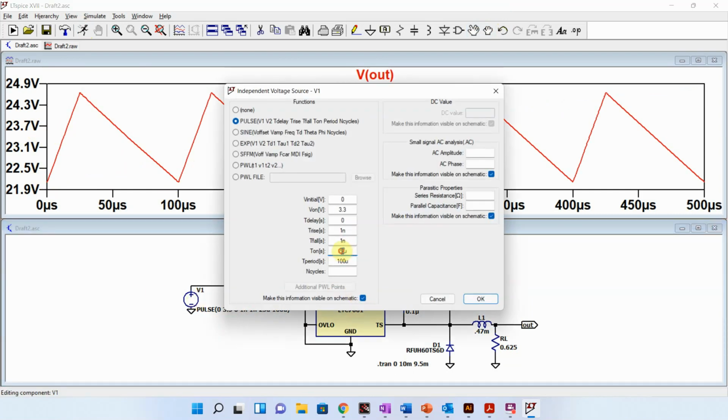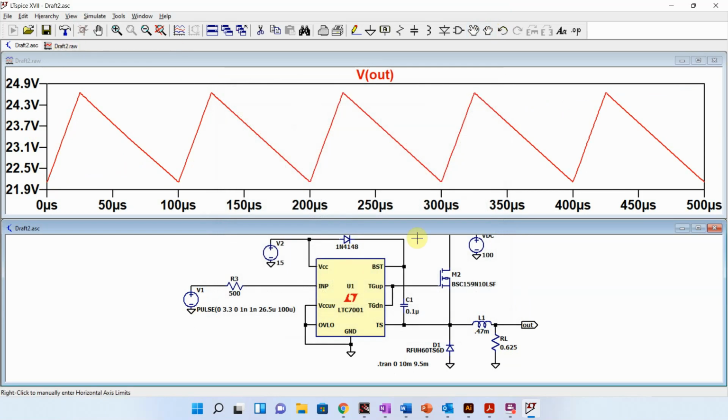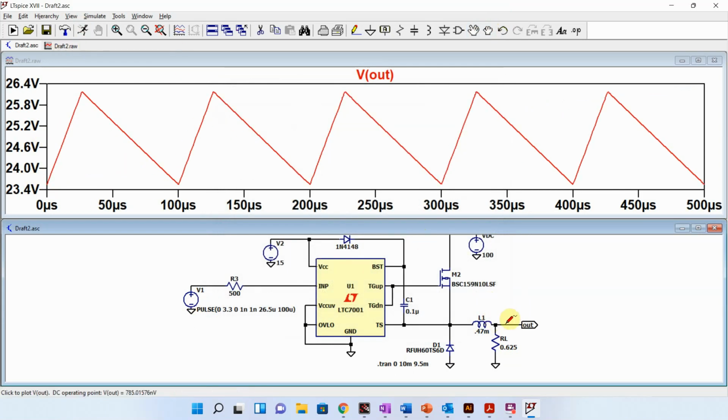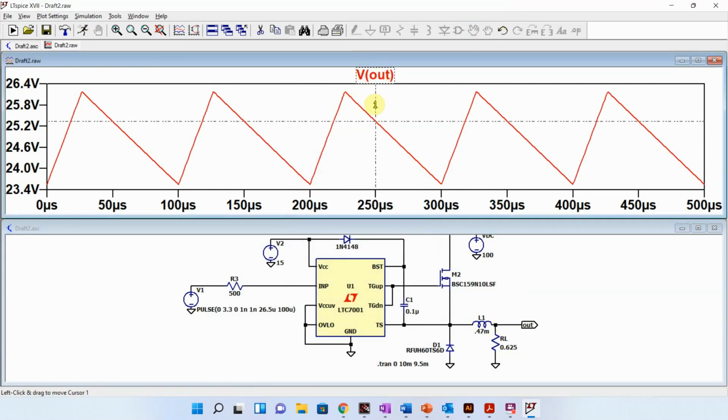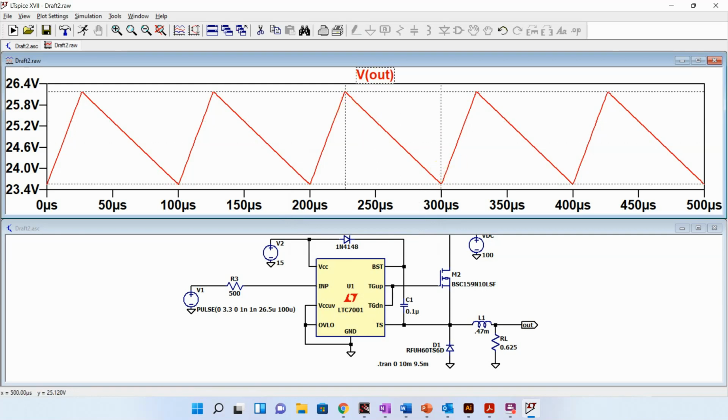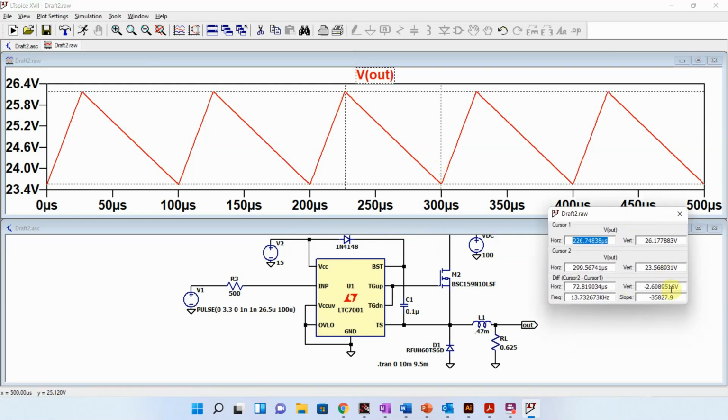So we're going to go to 26.5, similar to what we had before. And here is our 24.8. And we have our peak to peak of 2.6, close to the 2.5.